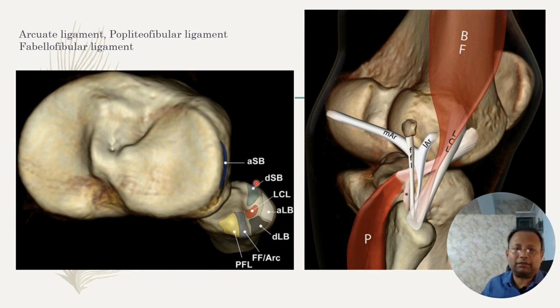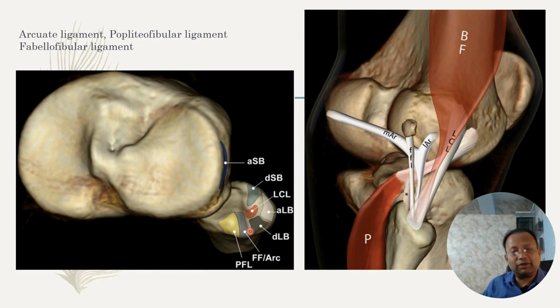The short head of biceps is positioned anterior to the lateral collateral ligament, and just posterior to that is the long head of biceps femoris. The short head of biceps femoris, the long head of biceps femoris is inserted, and in between that is the lateral collateral ligament. So that is the orientation.